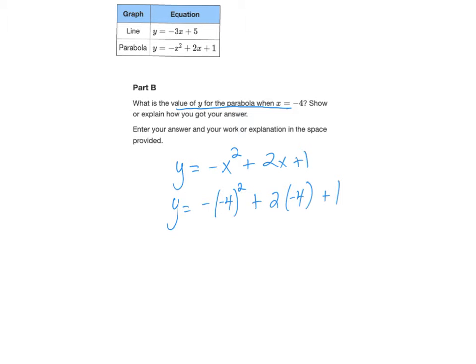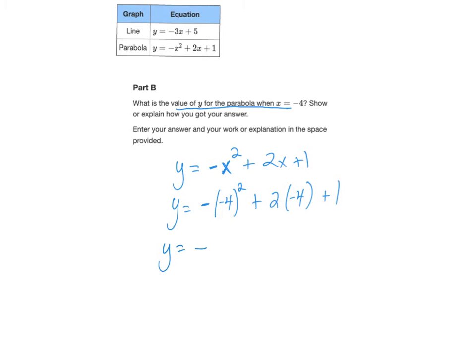So, and notice how the negative in front of the x is not in parentheses. Okay, it is x that is negative 4. I put the parentheses around it to signify that this negative here is part of the equation and separate from the negative sign of the value of 4, or the value of x.